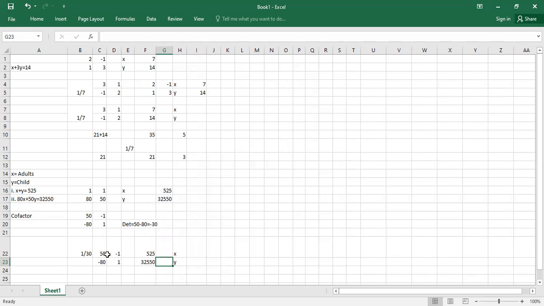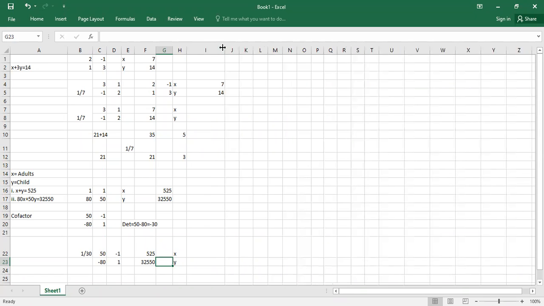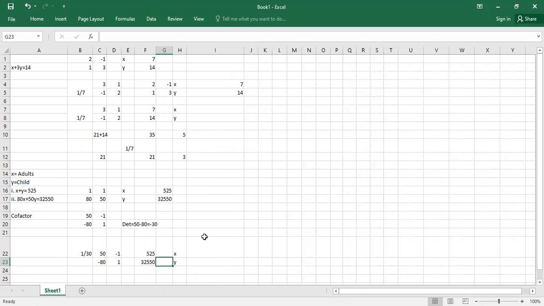We can go together. 50 multiplied by 525, what do you get? It will be a bigger number. 26,250. Then I have minus 32,550. What do I get?